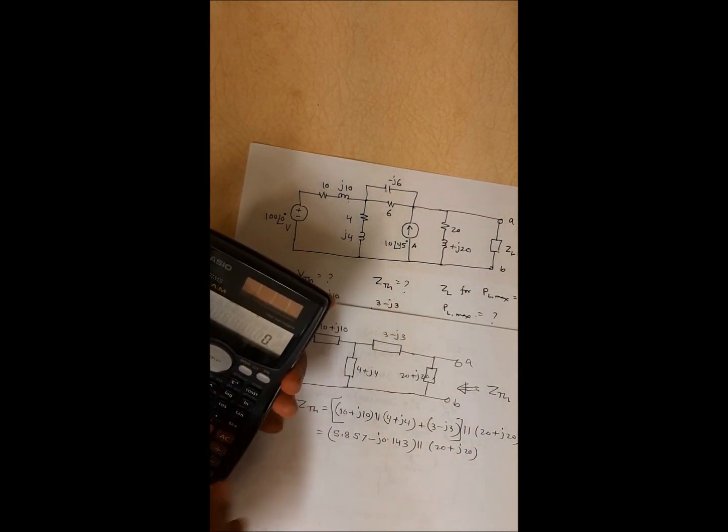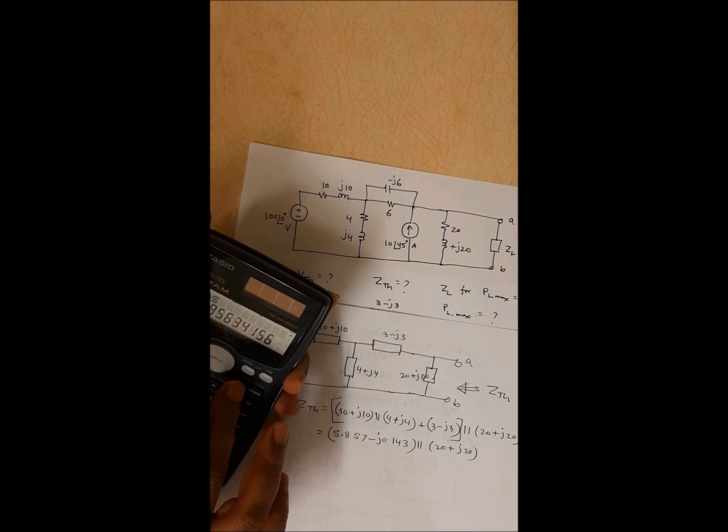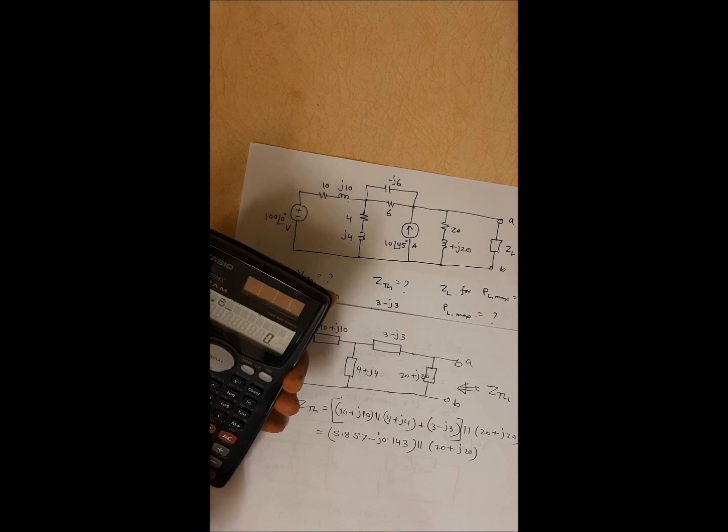If I solve it, that will be the inverse of (5.857 minus J0.143) inverse plus (20 plus J20) inverse, then invert.